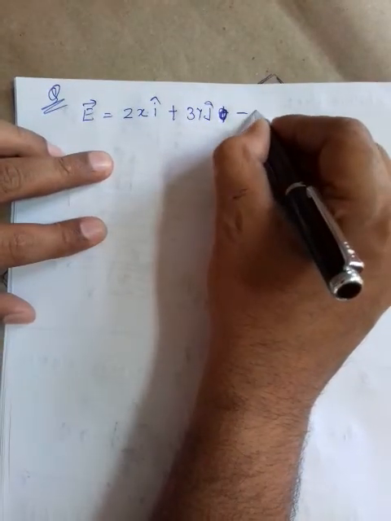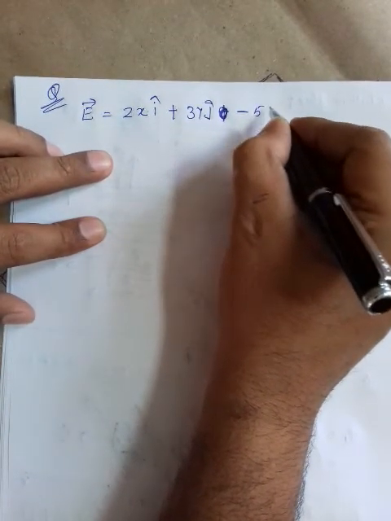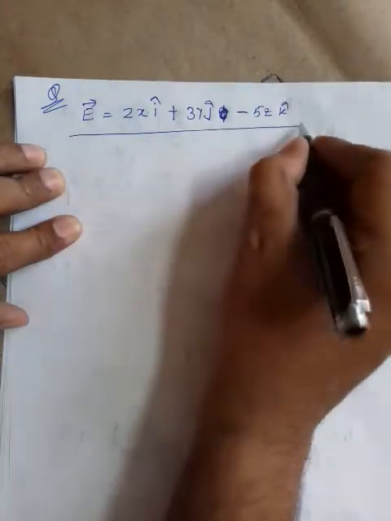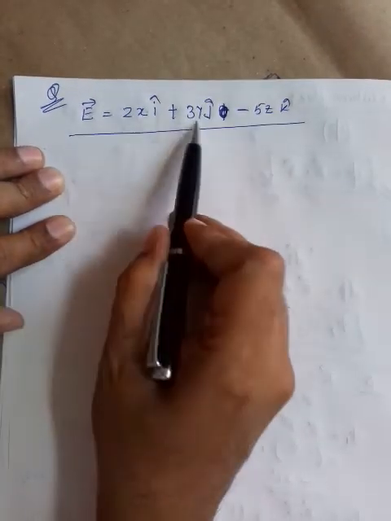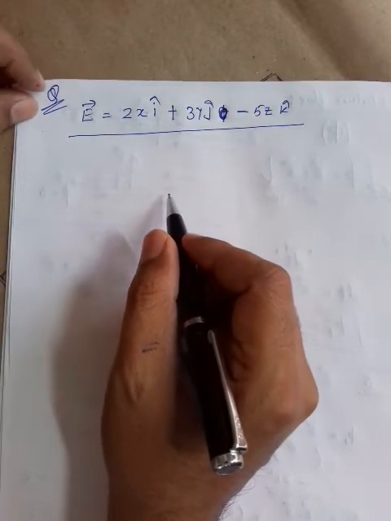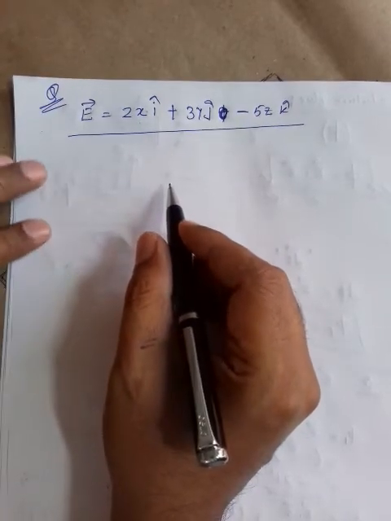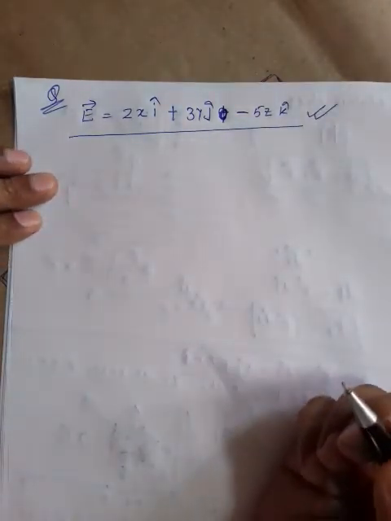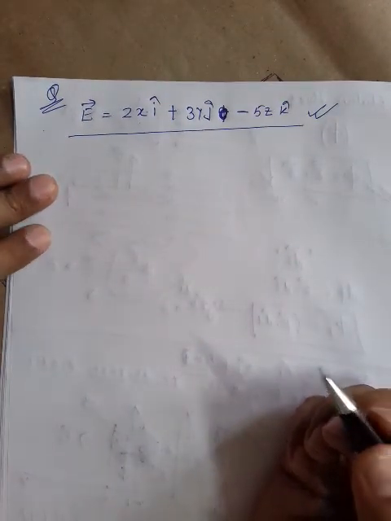Say for example 5z k cap. So in this case here the field depends on x, y and z, so it is variable. Clear? Write the question first. An electric field is given by the equation, you write this one.